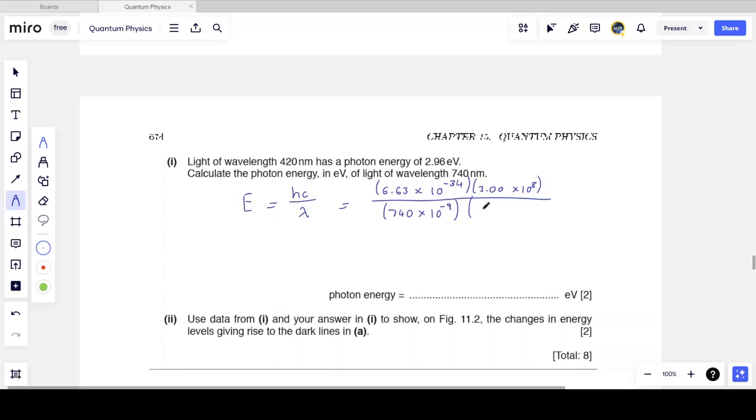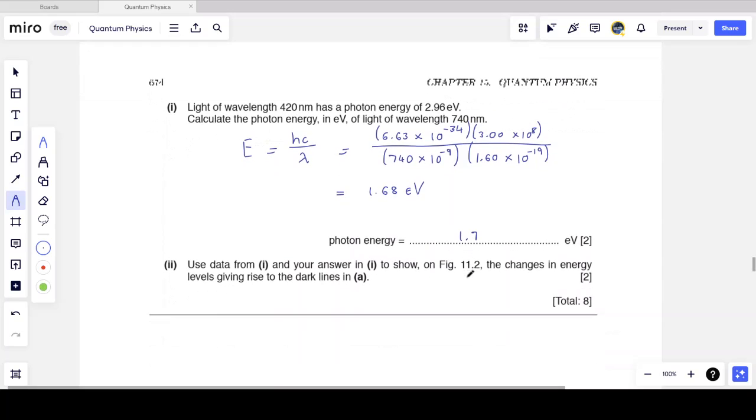I have to convert this to electron volts, so I must divide my entire answer by 1.6 times 10 to the minus 19 joules per electron volt. And what I get is 1.68 eV, electron volts, or 1.7 electron volts. And so that's the photon energy if the wavelength is 740 nanometers. So you can kind of see now why we use electron volts rather than using joules all the time.